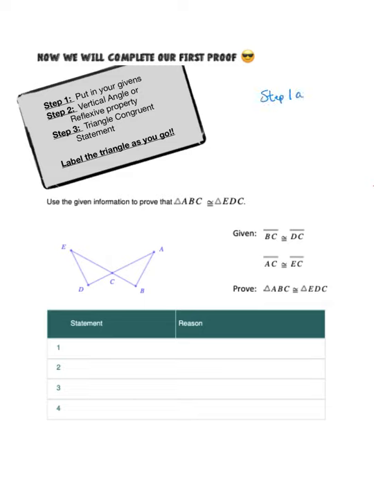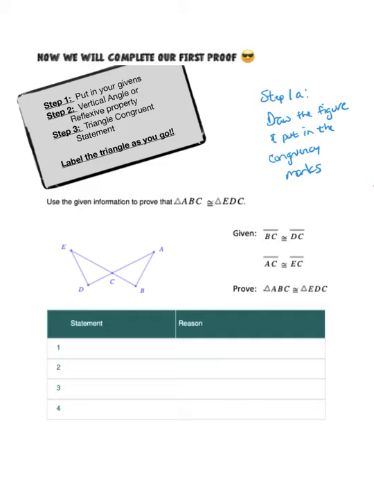Step 1A, draw the figure and put in the congruency markers. It really does make things easier. Instead of trying to visualize it without marking on it, draw the figure, whether you do it on a whiteboard, desk, or paper, draw it, put in the markings. It really does help guide you as to where you're going to go.